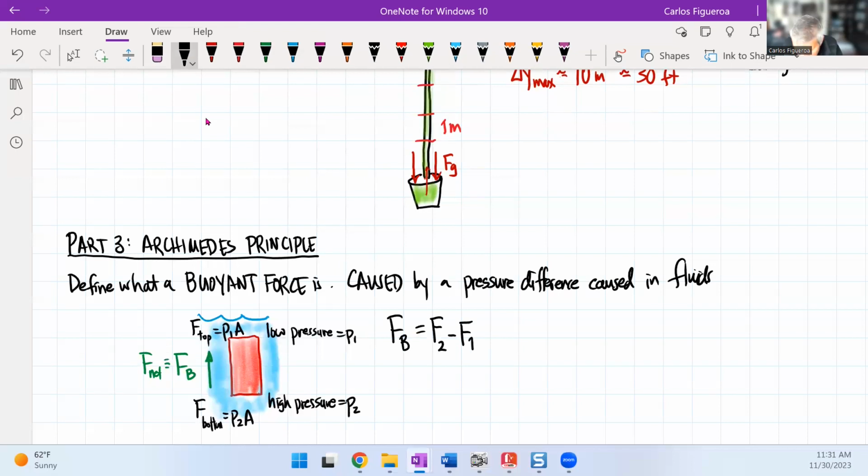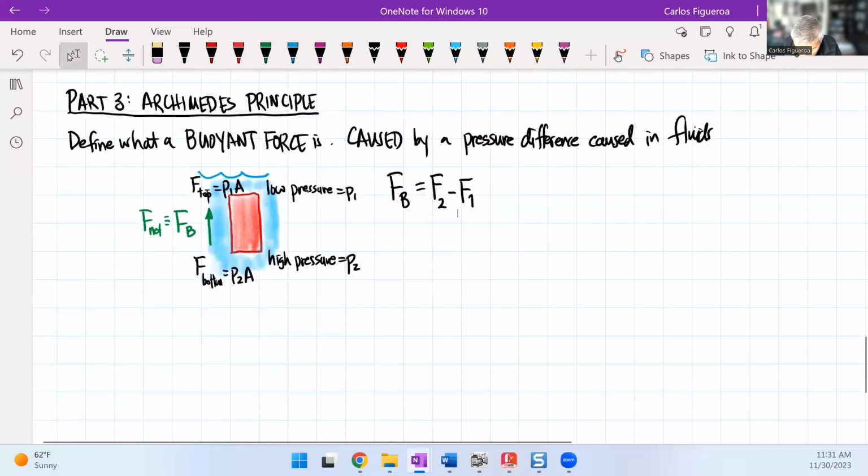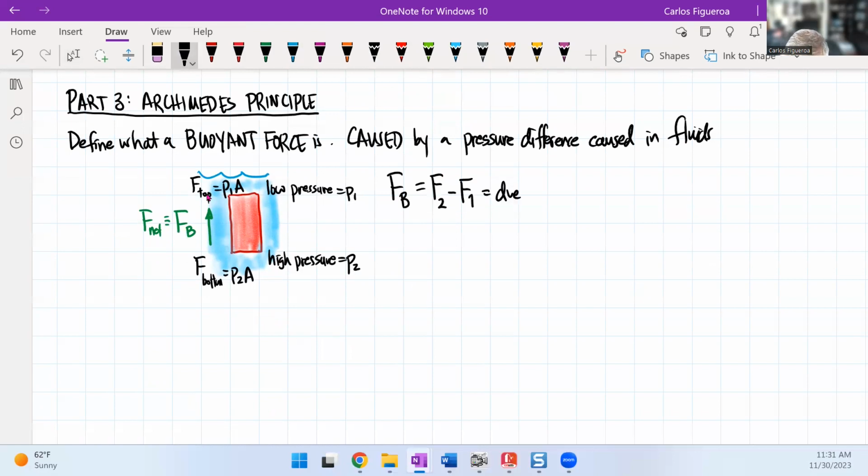Again, this is caused by a pressure difference. So that's how we define what a buoyant force is.